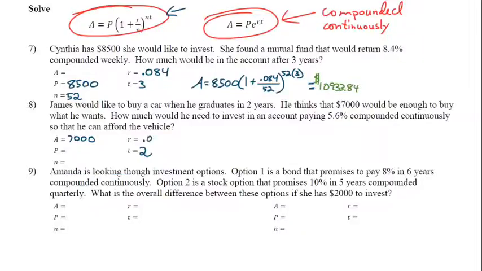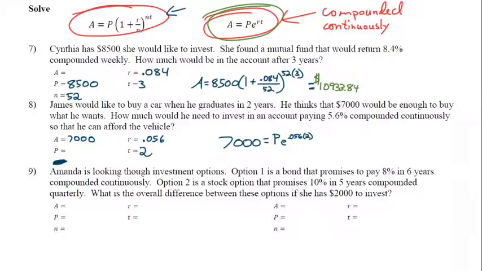5.6%, so that's 0.056. Compounded continuously. Well, if it's continuous, we don't need the N because we are using that equation. So here we go. A equals 7,000 equals P times e to the 0.056 times 2.